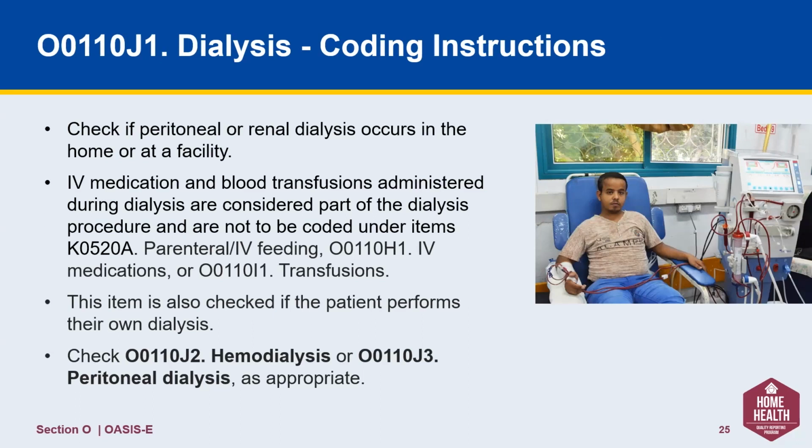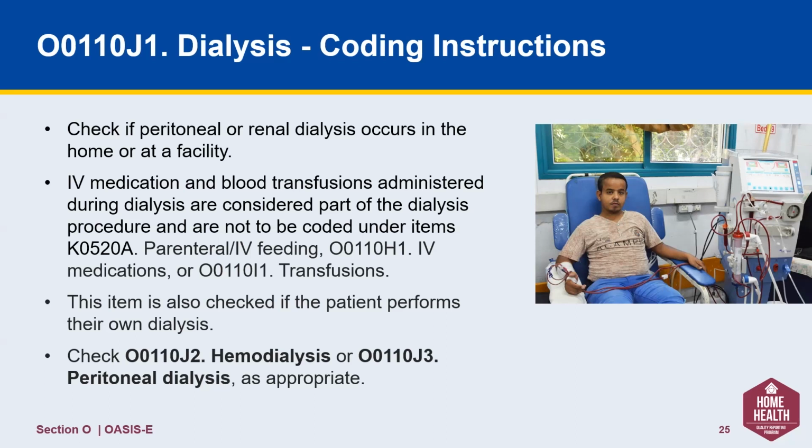For J1 dialysis, you would code peritoneal or renal dialysis, which occurs in the home or at a facility, or if the patient performs their own dialysis. You would check J2 for hemodialysis and J3 for peritoneal dialysis, depending on which is appropriate.